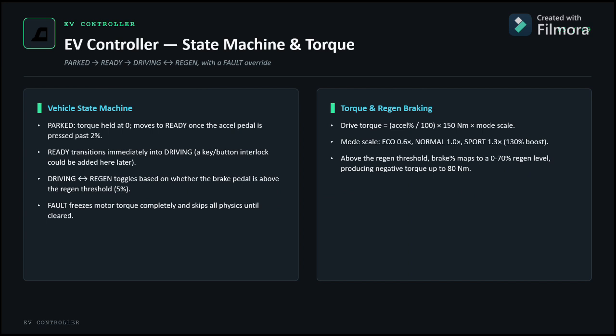And next we go to the EV controller. This part is entirely about the EV controller, how it is designed and everything. The EV controller is made of a state machine and torque control. The operation states are parked, ready, driving, and regeneration, with a fault override. Now we can talk about the vehicle state machine.